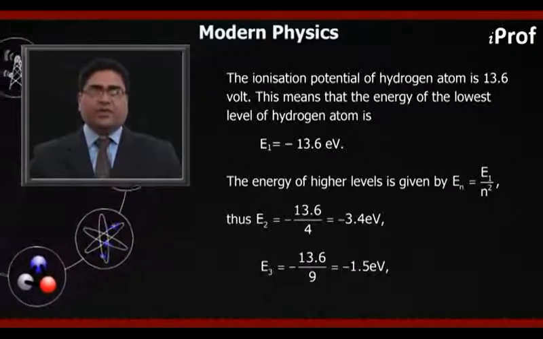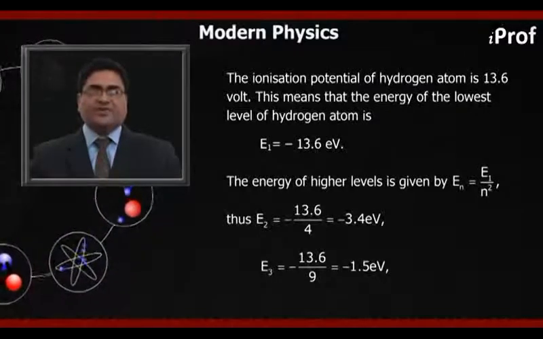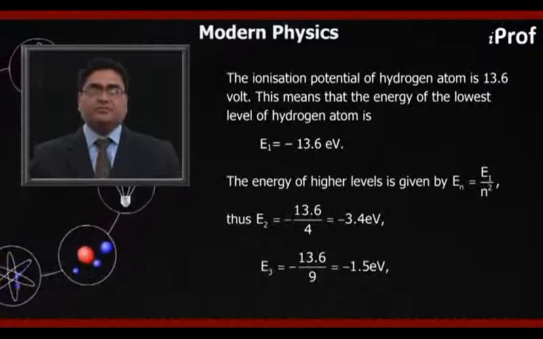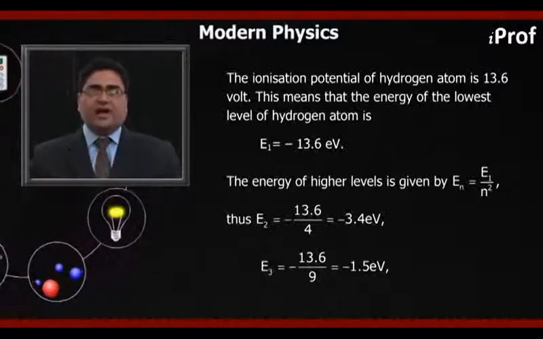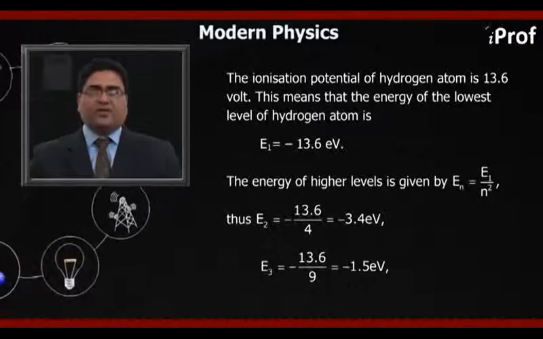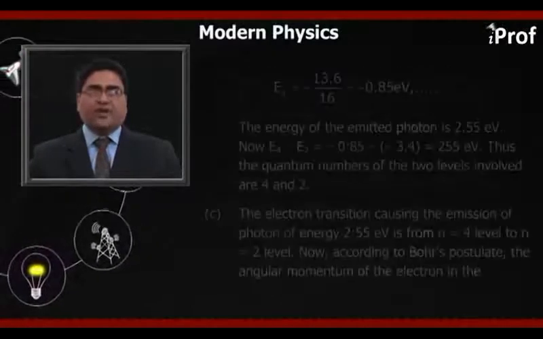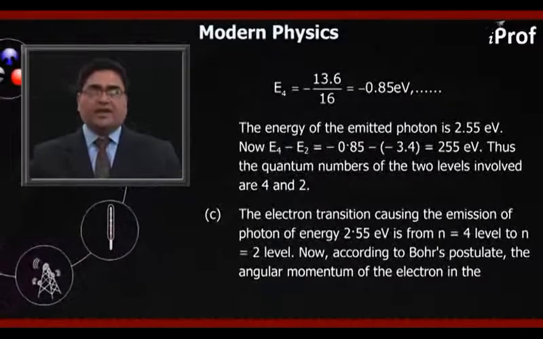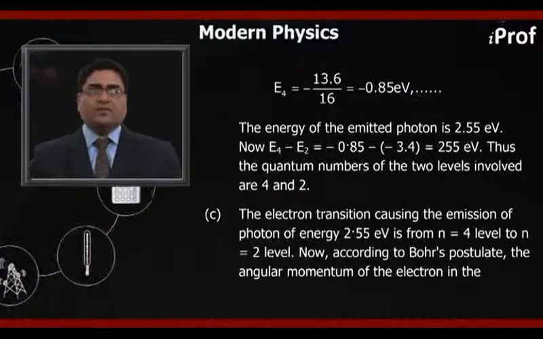Thus E2 equal to minus 13.6 upon 4 equal to minus 3.4 electron volt. E3 equal to minus 13.6 upon 9 equal to minus 1.5 electron volt. E4 equal to minus 13.6 upon 16 equal to minus 0.85 electron volt.